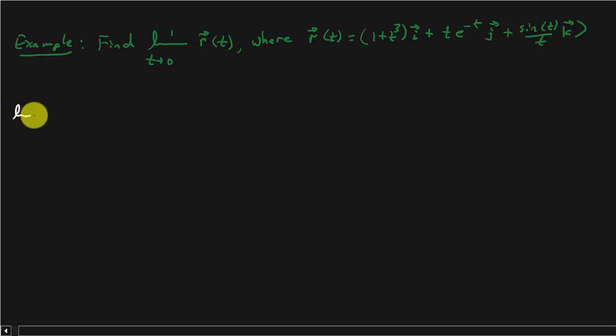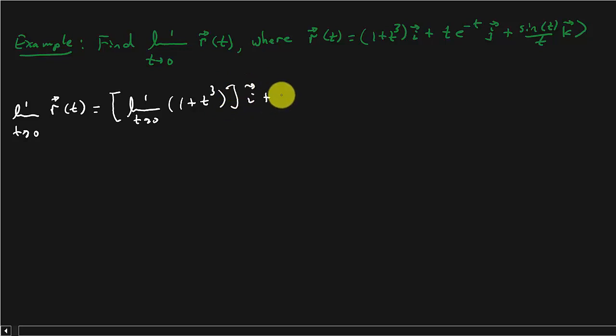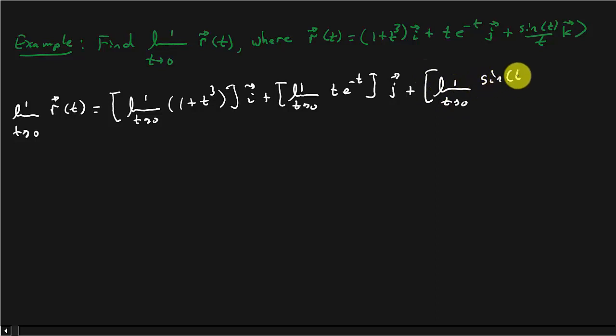So all we're going to do is we have the limit as t goes to 0 of r of t is equal to the limit as t goes to 0 of 1 plus t cubed times vector i, plus the limit as t goes to 0 of t e to the negative t times vector j, plus the limit as t goes to 0 of sine t over t times vector k.